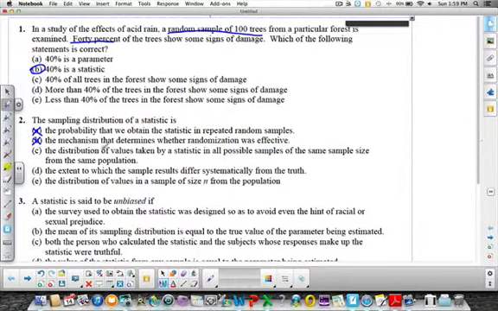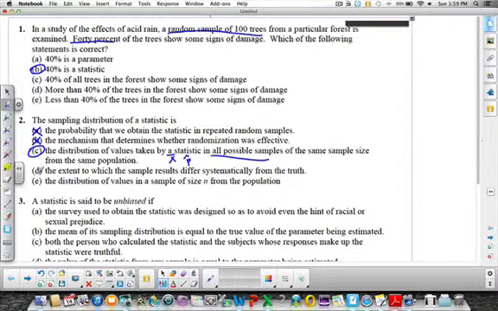C. The distribution of values taken by a statistic in all possible samples of the same sample size from the same population. And that's exactly what it is. So it's all of the values that are taken by a statistic, so think X bar or P hat or whatever, if we did repeated sampling, which is where it says all possible samples.